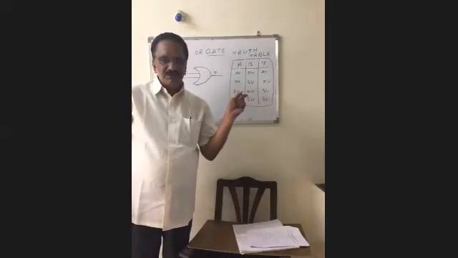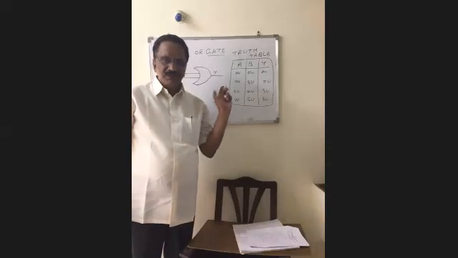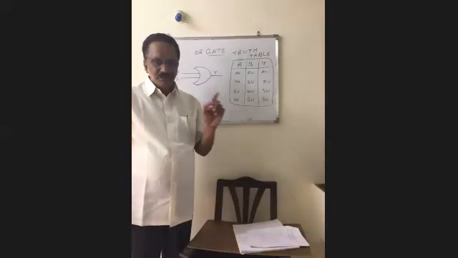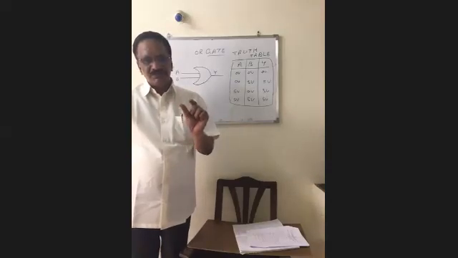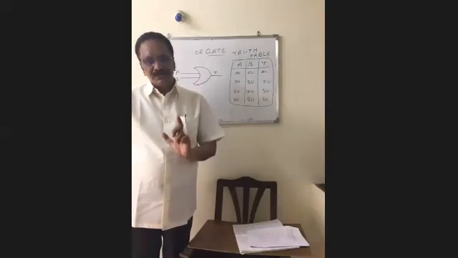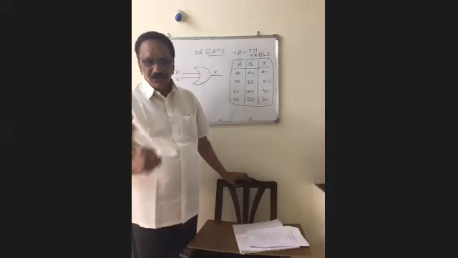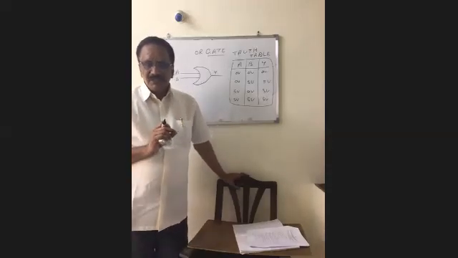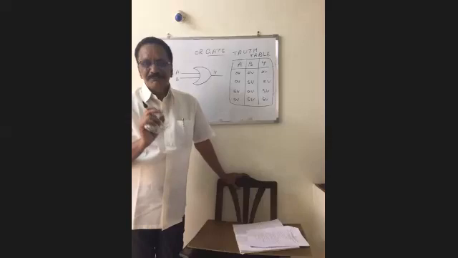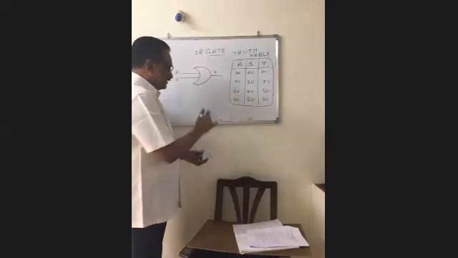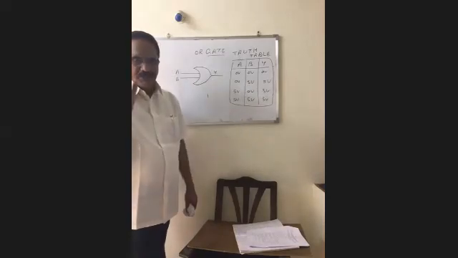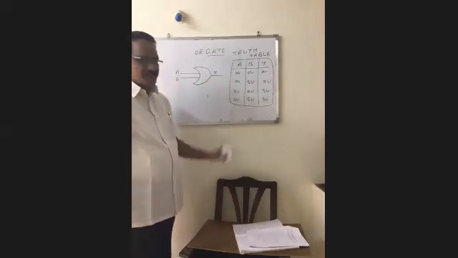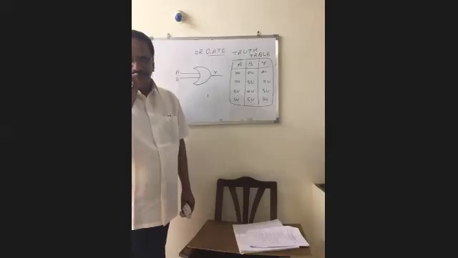High voltage is 5 volts, low voltage is 0 volts. So in the positive logic system, high voltage is represented as logic 1 and low voltage is represented as logic 0.